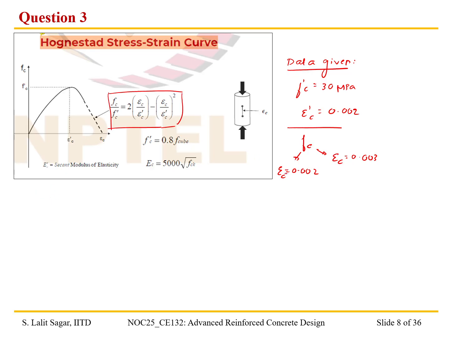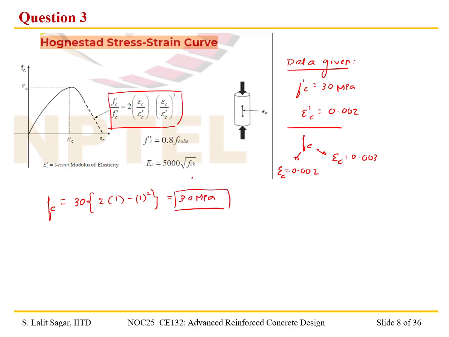For epsilon C equal to 0.002, we have Fc equal to F prime C, that is 30 into 2 into 1 minus 1 square, so we can simply write it as 30 MPa.